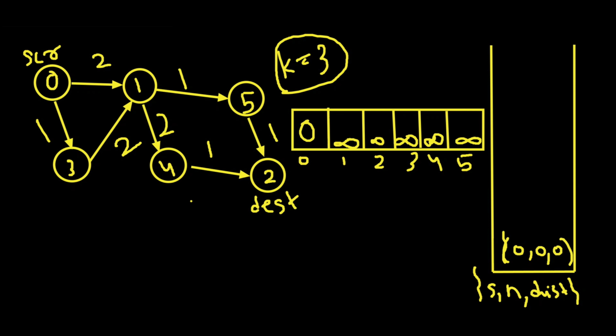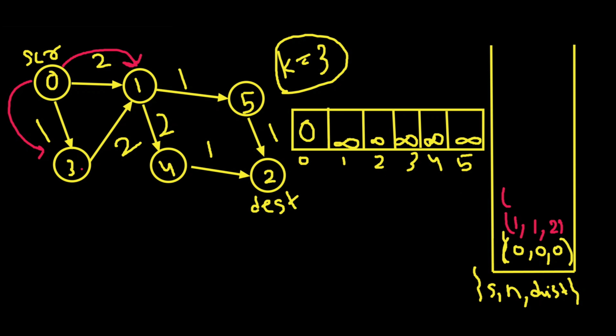Let's take 0. We have two paths here from 0: from 0 we can move to 3 and we can move to 1. Now we'll consider first that the number of stops is 1 and we are reaching node 1 with a cost of 2. So let's say 1, 1 and 2.